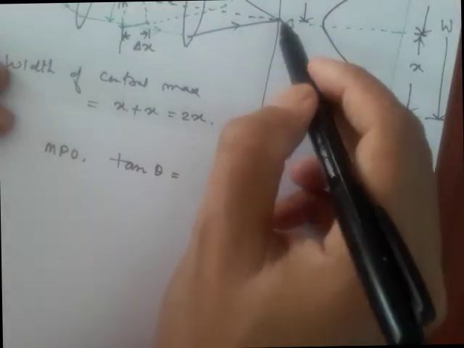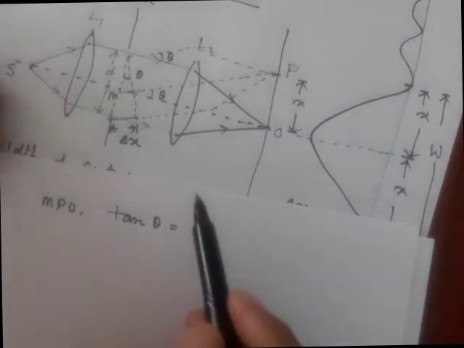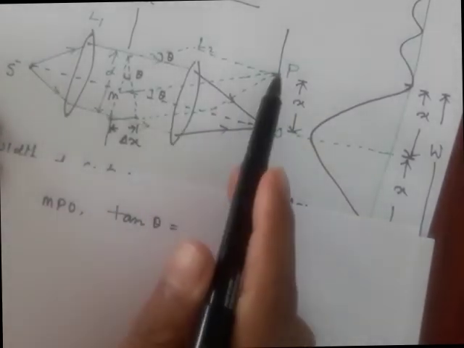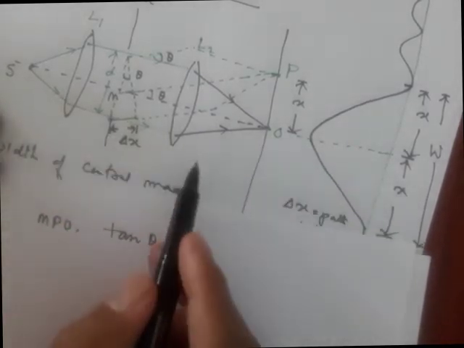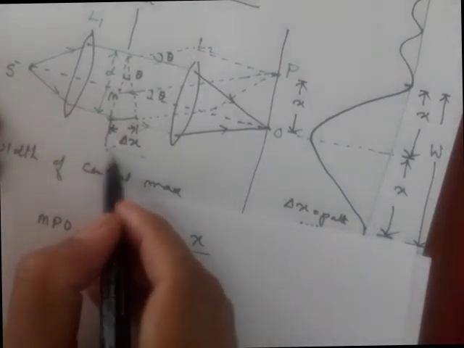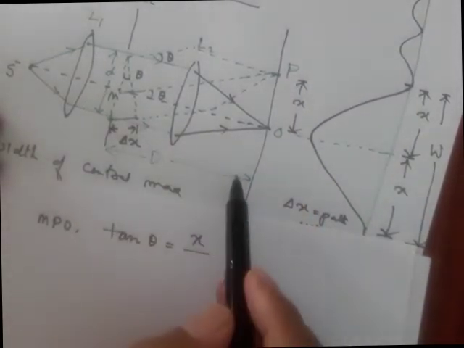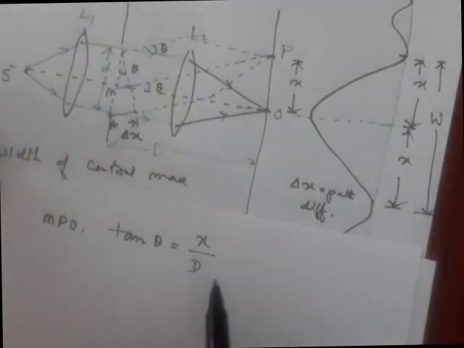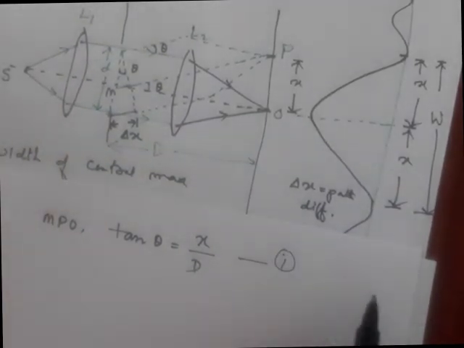The perpendicular is OP, which is x, and the base is MO. The distance between the slit and the screen, you give it as D. So tan theta equals x by D. We call this equation number 1.